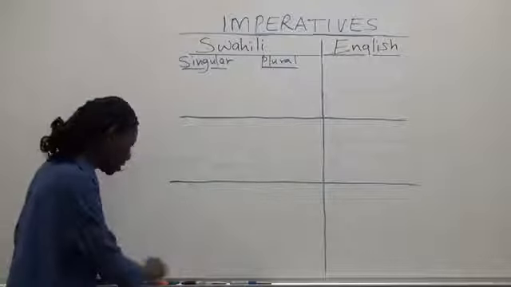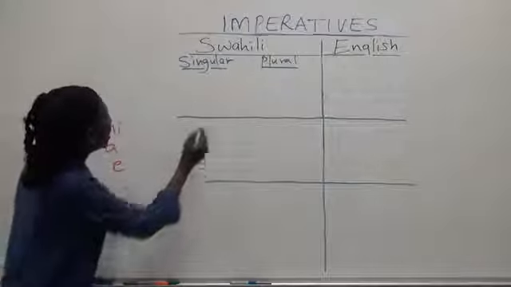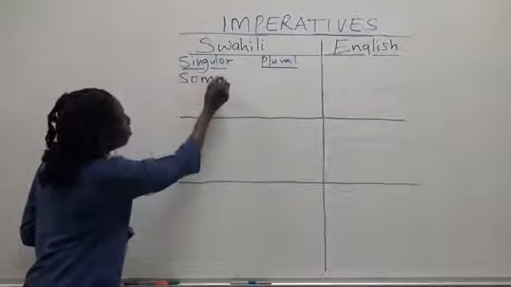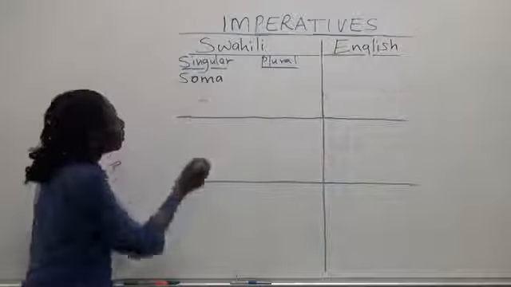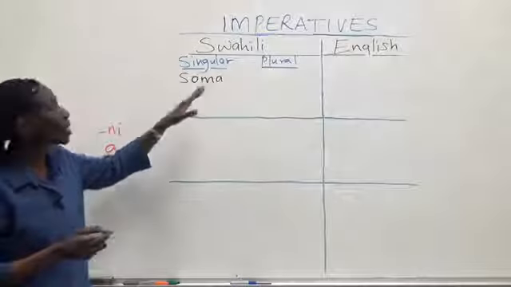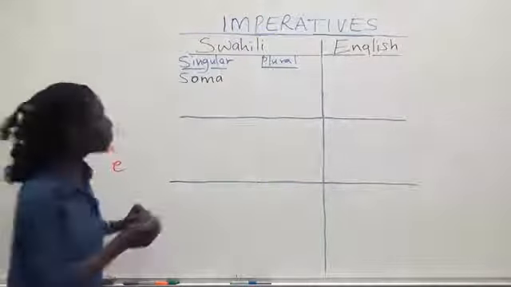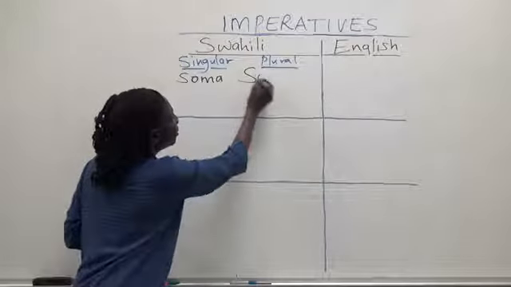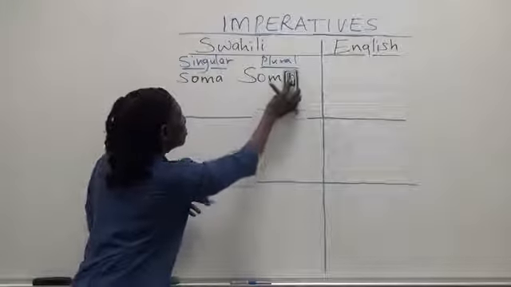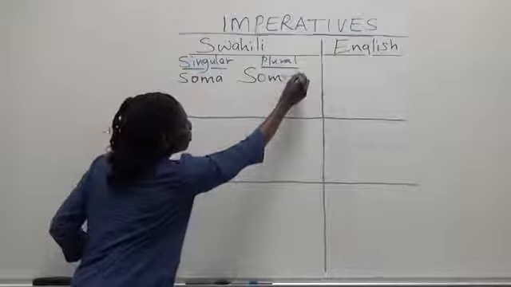So let's look at these examples to start off with. In this sentence, the singular word here is soma, okay? If you're pluralizing this word, in other words, you are talking to more than one person, it will be someni.